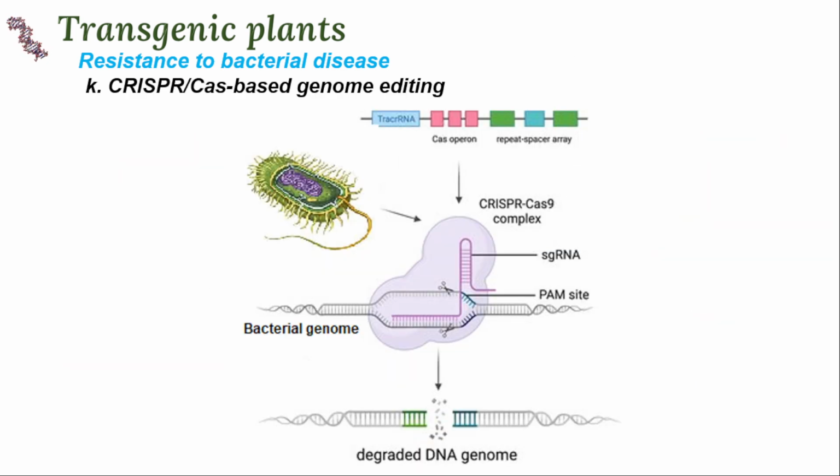Next, the well-known mechanism: you already know that in the CRISPR-Cas9 type of genome editing technology, we will target the bacterial genome. Some protein will be targeted that is essential for the expression and propagation of the bacterial cell inside the host organism.